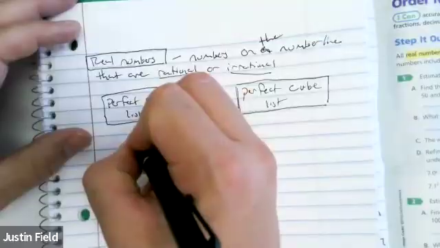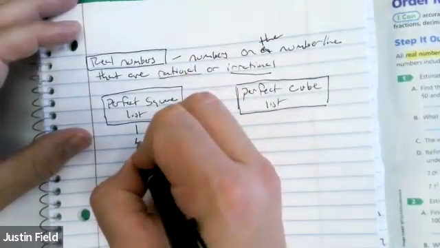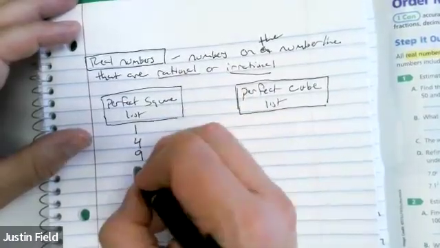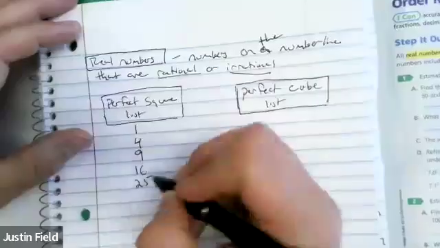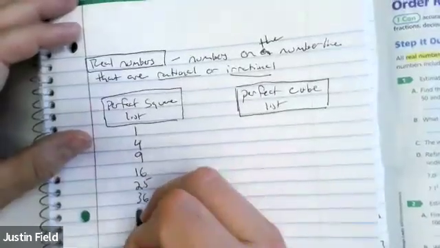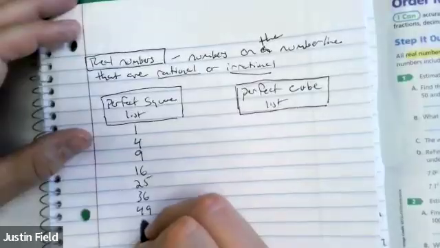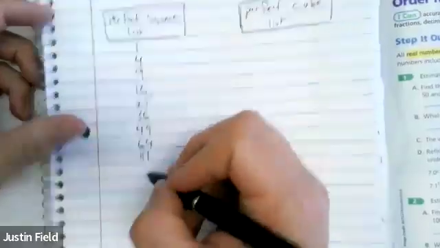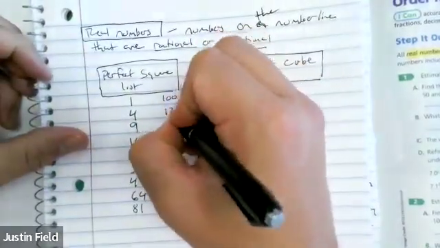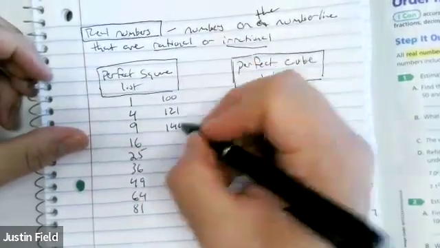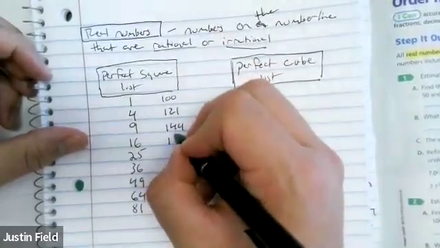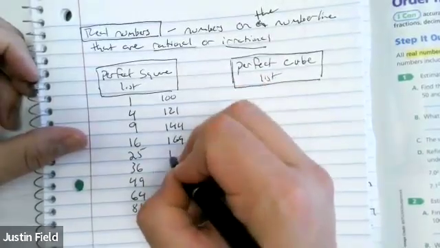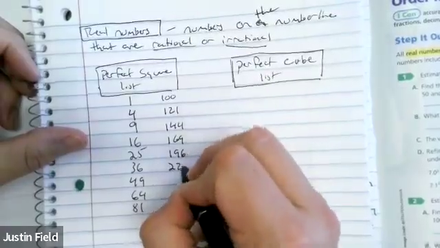Okay, so I would say 1, 4, because 2 times 2 is 4. 3 times 3 is 9. 16, 25. I'm just multiplying by myself in my head. And I'm going to go up to 15. 81, 100, 121, 144, 169, 196, 225.